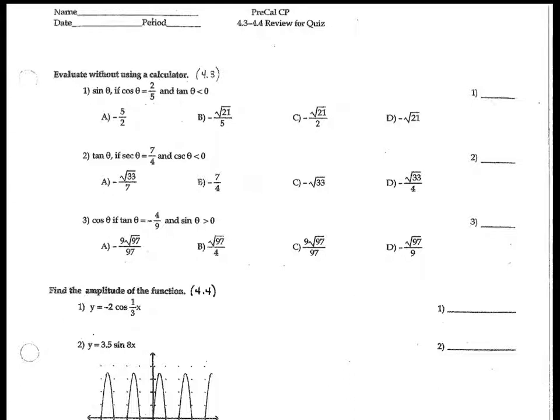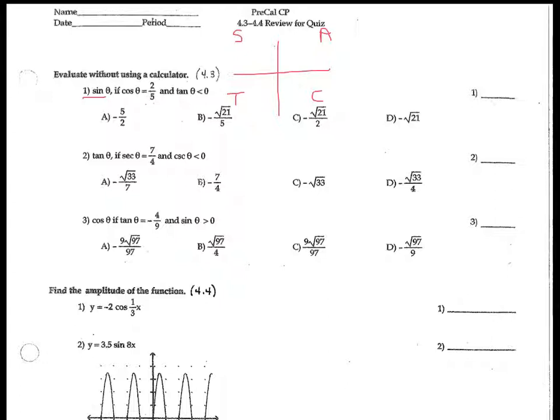In problem 1, we have to find sine, and cosine is given, and tangent is less than 0. So we need to go with the circle and the properties.